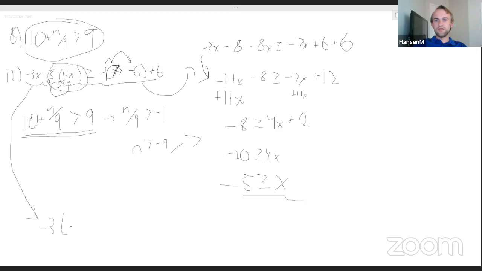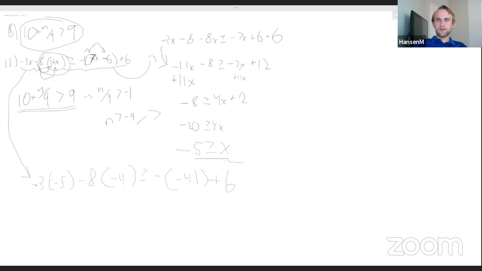So we have negative 3 times negative 5 minus 8 times 1 plus negative 5. I'm just going to simplify that and make that negative 4. It's going to be greater than or equal to negative 7x. I'm going to simplify that out. So 7 times negative 5 is minus 35, minus 6, minus 41, and plus 6.